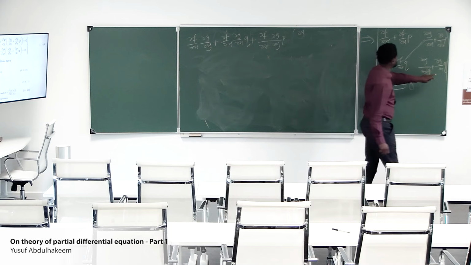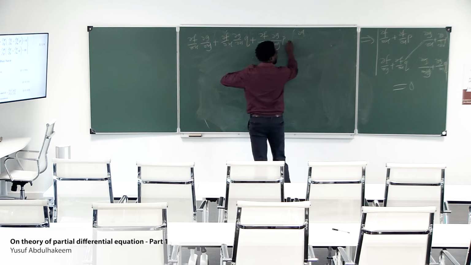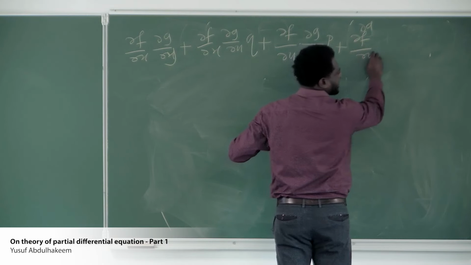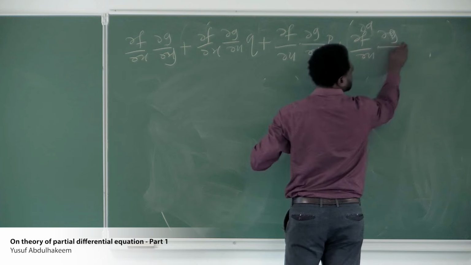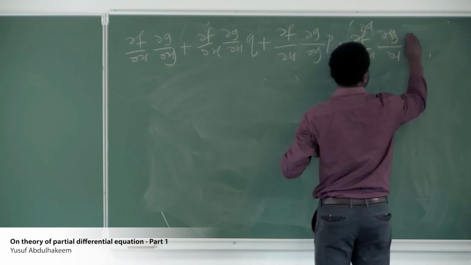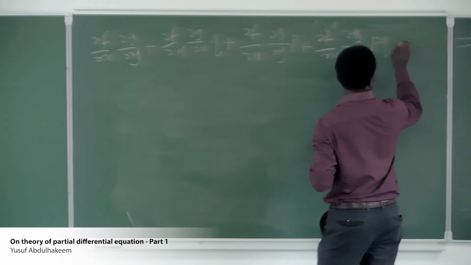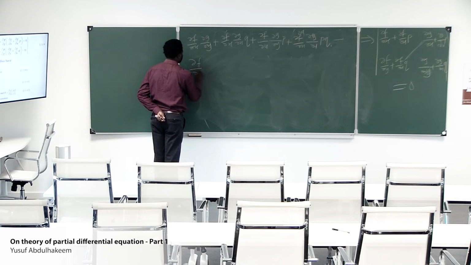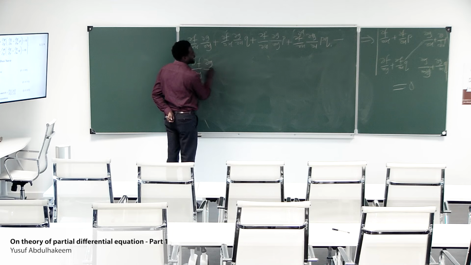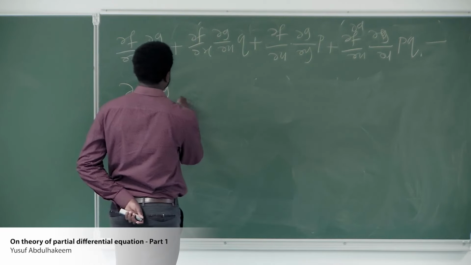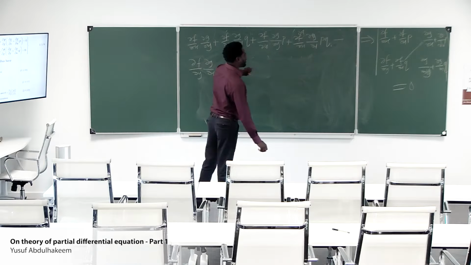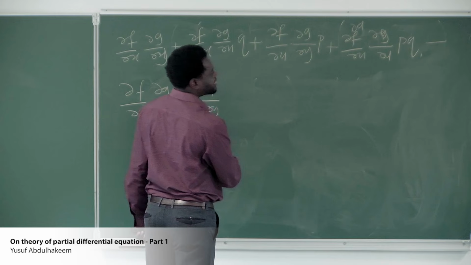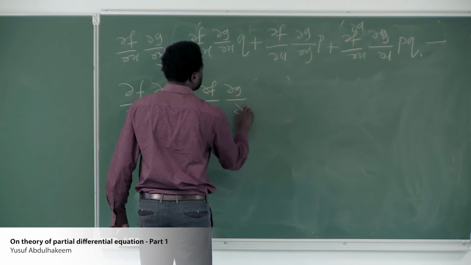Then this multiplied by this will give us plus ∂f/∂u multiplied by ∂g/∂u, then we have pq. Then the whole of this minus this multiplied by this, so that also will give us ∂f/∂y multiplied by ∂g/∂x, then minus this multiplied by the other one will also give us ∂f/∂y multiplied by ∂g/∂u.